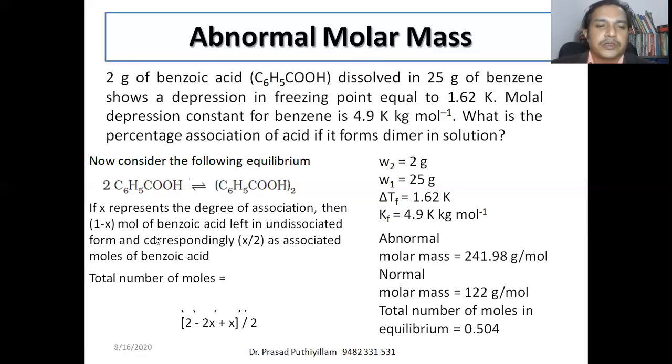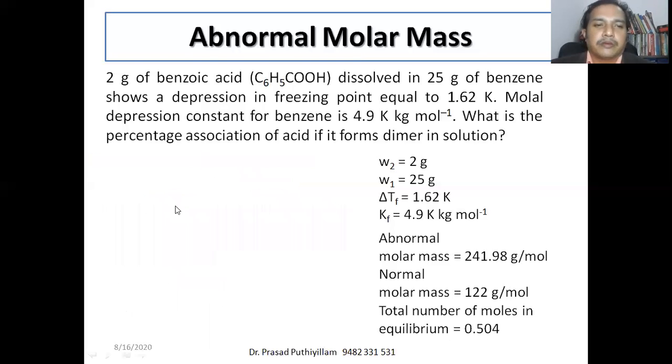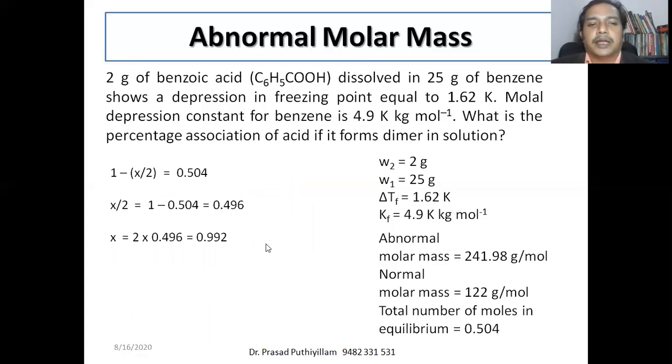Total number of moles is equal to 1 minus x plus x by 2, or 2 into (1 minus x) plus x, divided by 2, or (2 minus 2x plus x) divided by 2, or 1 minus x by 2. Therefore, 1 minus x by 2 is equal to 0.504, or x by 2 is equal to 1 minus 0.504, which is equal to 0.496, or x is equal to 2 multiplied by 0.496, 0.992.